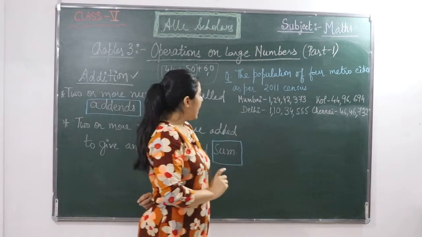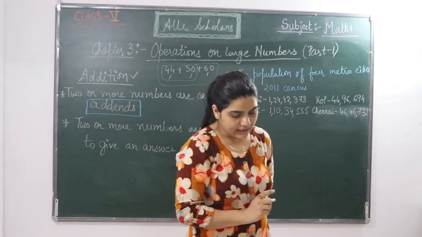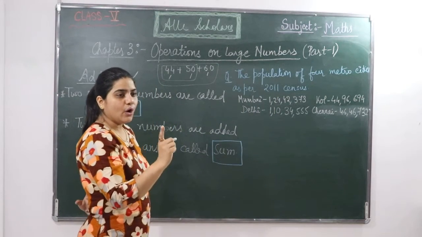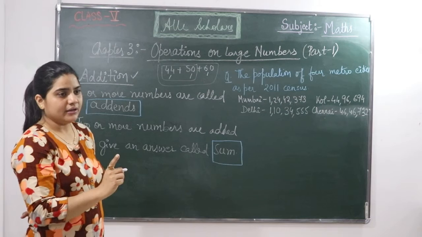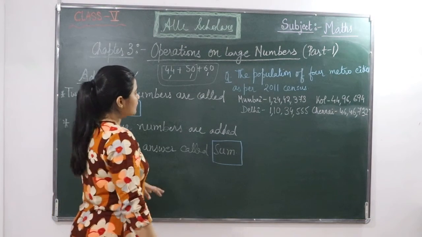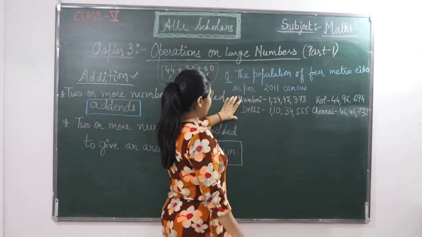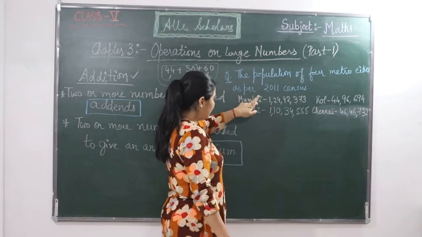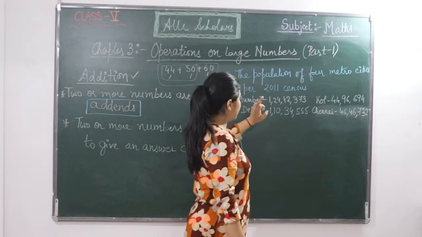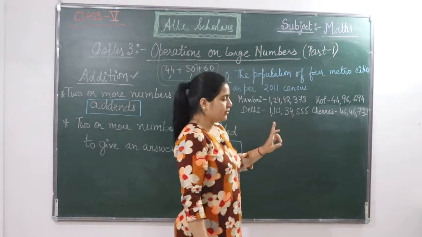What we have to find here is the total population of all the 4. For finding the total population, we need to add the population of Mumbai plus Kolkata plus Delhi plus Chennai.